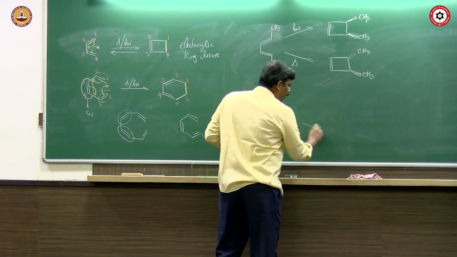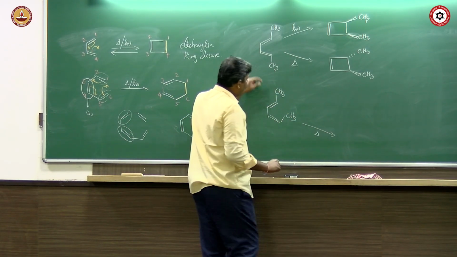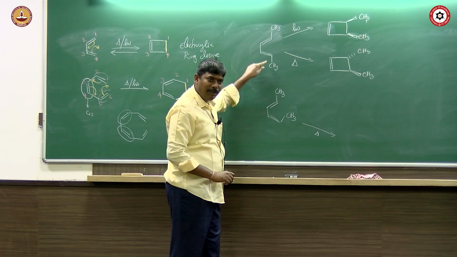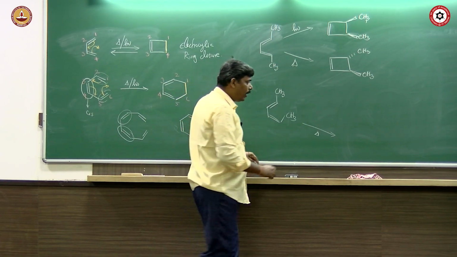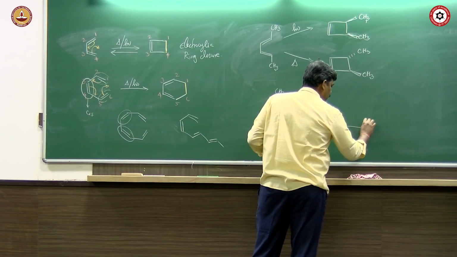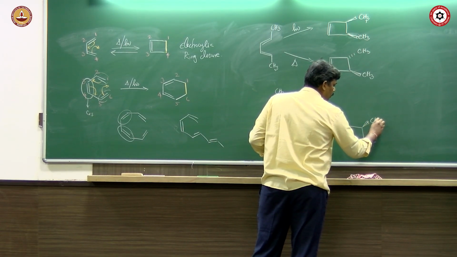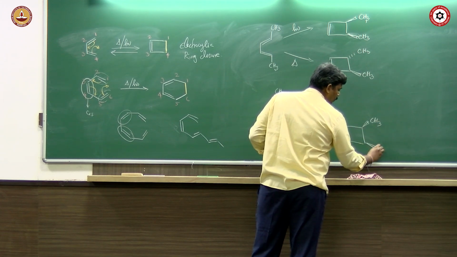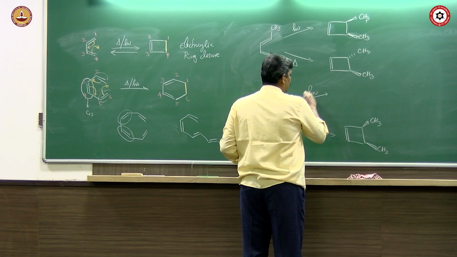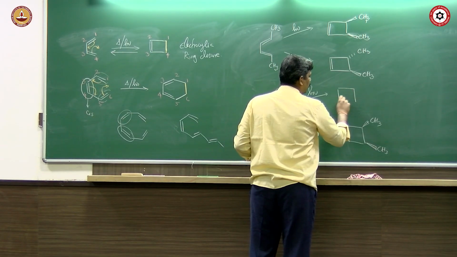If I heat this, that means the substrate is the same, I'm looking at heat, but the geometry is different. Now I get a cis product. But if I do a photochemical condition, I get a trans product.